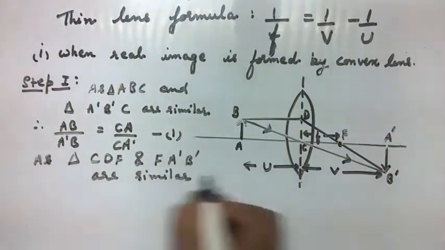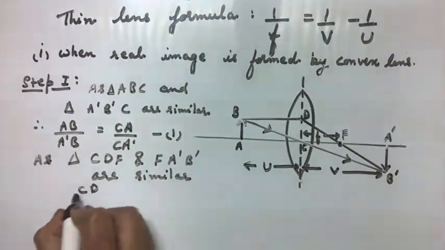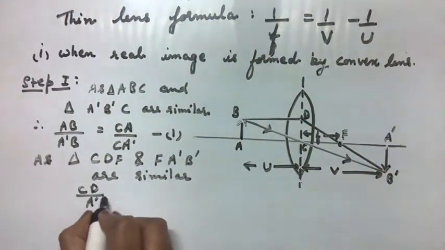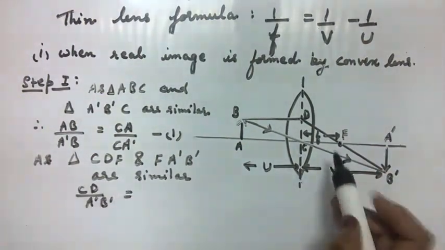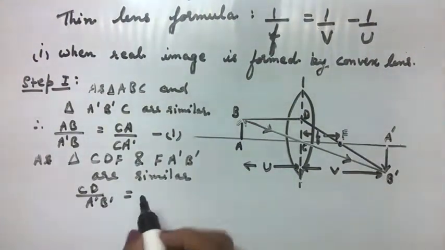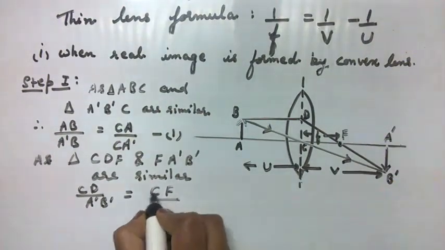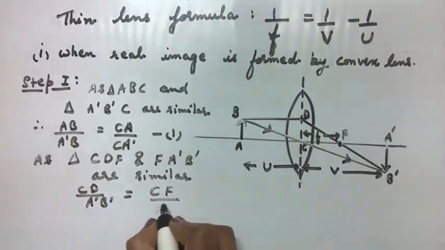Therefore, we can write CD upon A dash B dash is equal to CF upon FA dash.